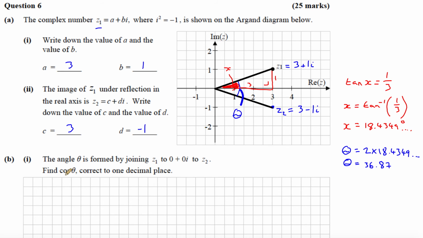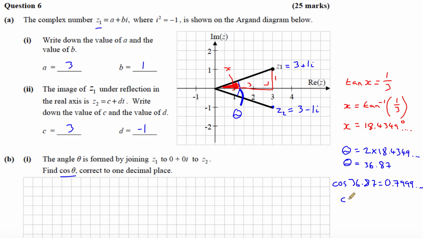And then we are actually asked to find the cos of this angle theta. So the cos of 36.87, let's just see first of all, the cos of that angle is 0.7999, it goes on like that.